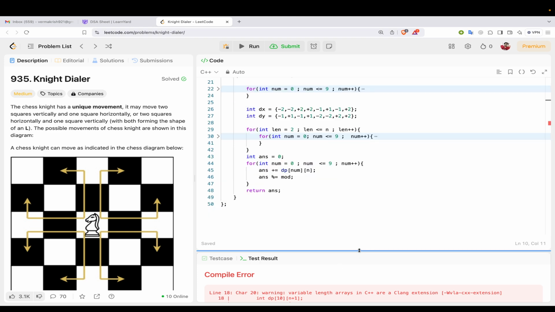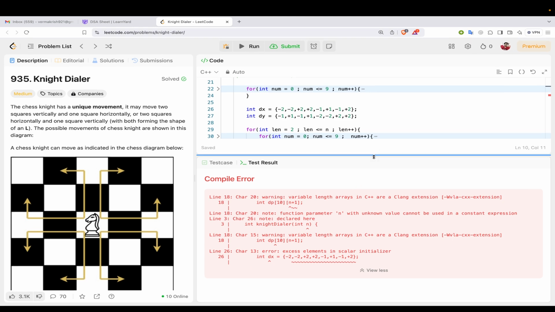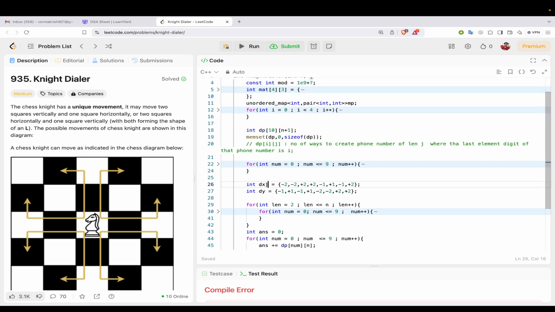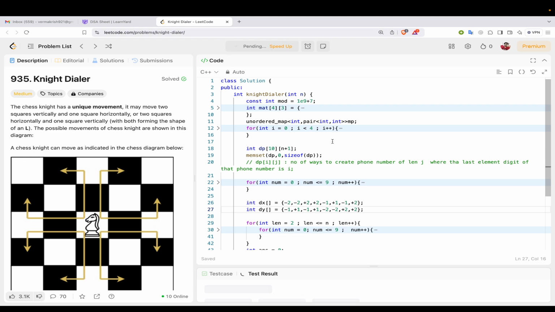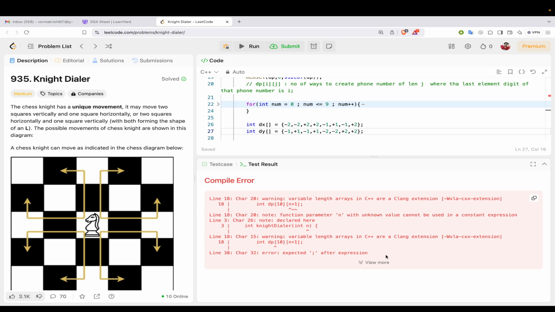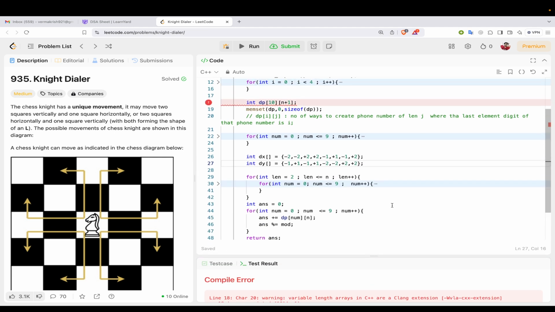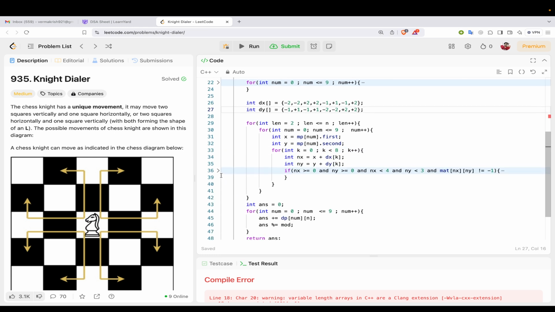Did we miss anything else? dx, yeah, this is an array and this is an array. What's wrong with dp? Oh, so many mistakes today. Where did I write dp, maybe here, maybe here.